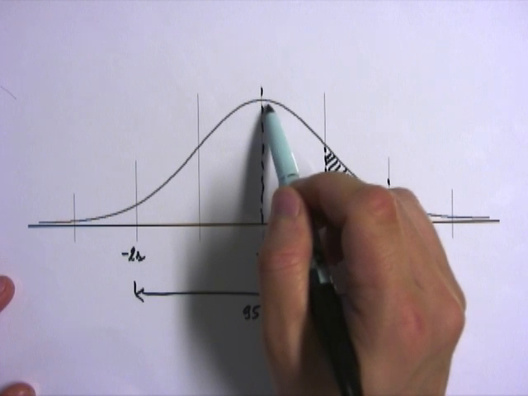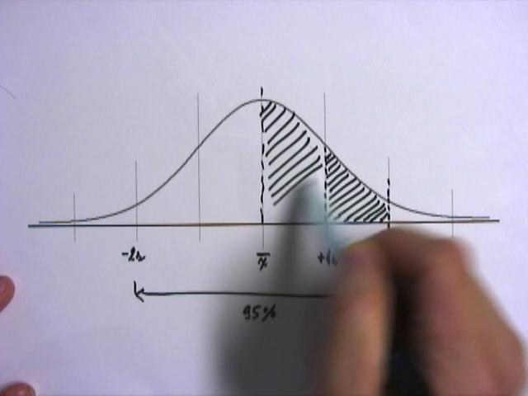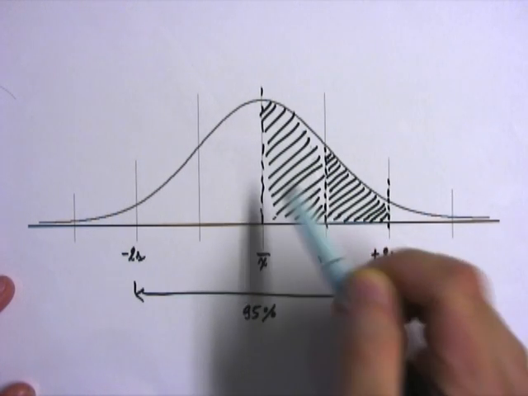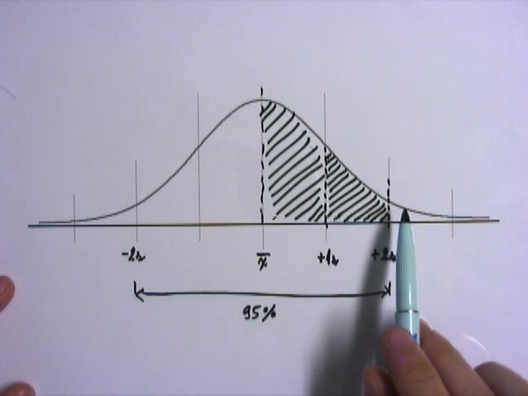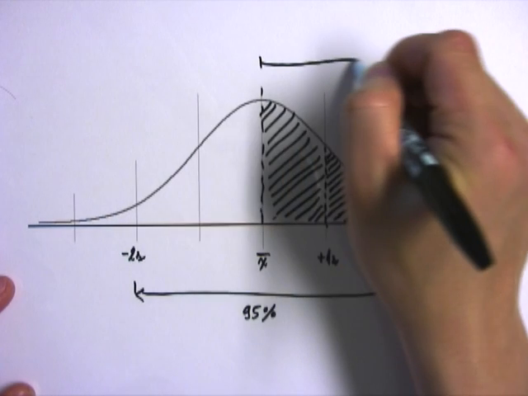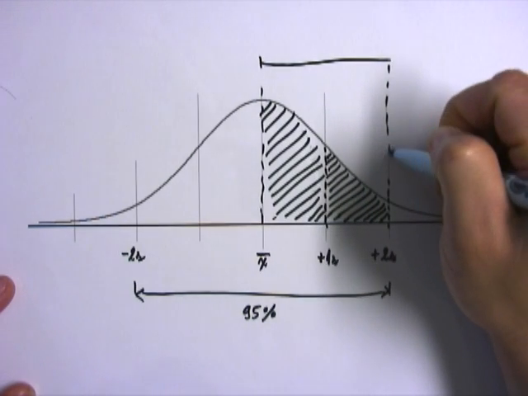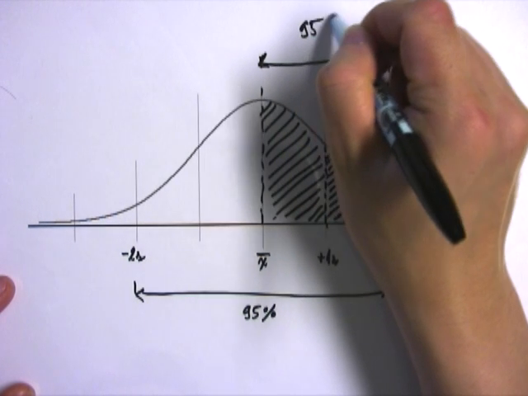And so what I'm seeing here is that all the area I'm shading together with my shaded area here, all that shaded area that I'm drawing right here, is precisely half of 95%.